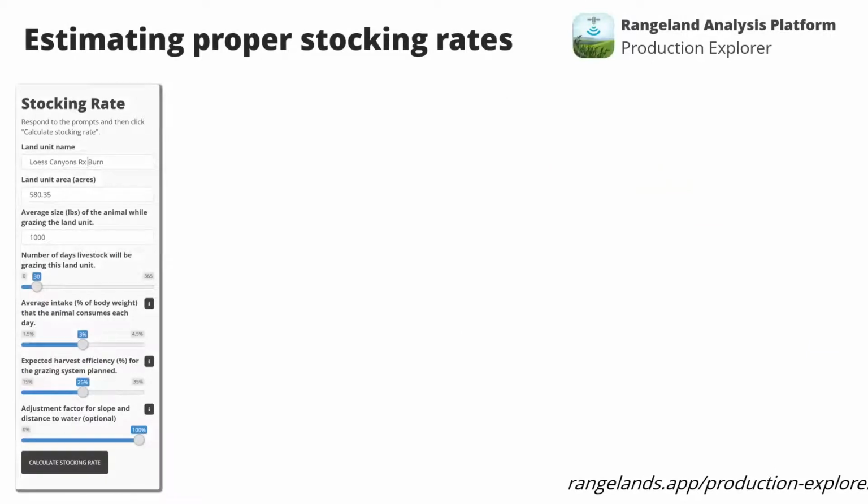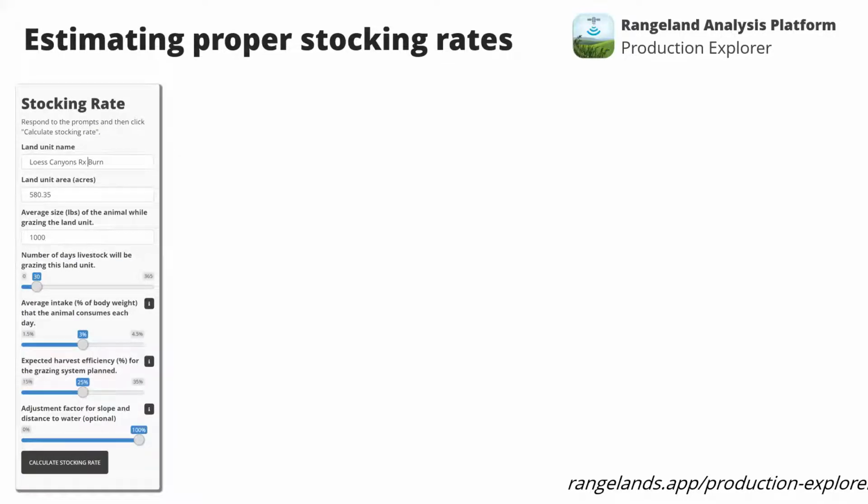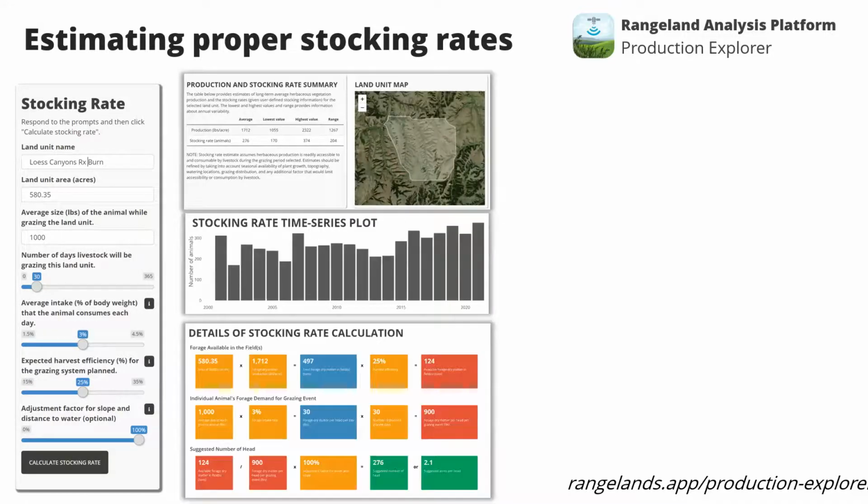Another application is, I mentioned, our sustainable ranching tool. Basically this tool takes the rangeland production data and allows the user to put in a bunch of information about their grazing operation, and then to generate reports with some guidance in terms of what a proper stocking rate might be given that amount of production.